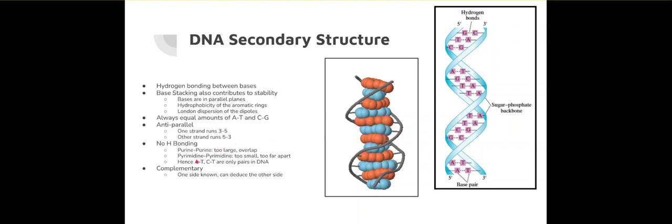And this is why you always are going to get pairs of A and T and C and G in DNA: one is a purine derivative and the other one is a pyrimidine derivative. And they can do it. You'll never get them between two purines or two pyrimidines.